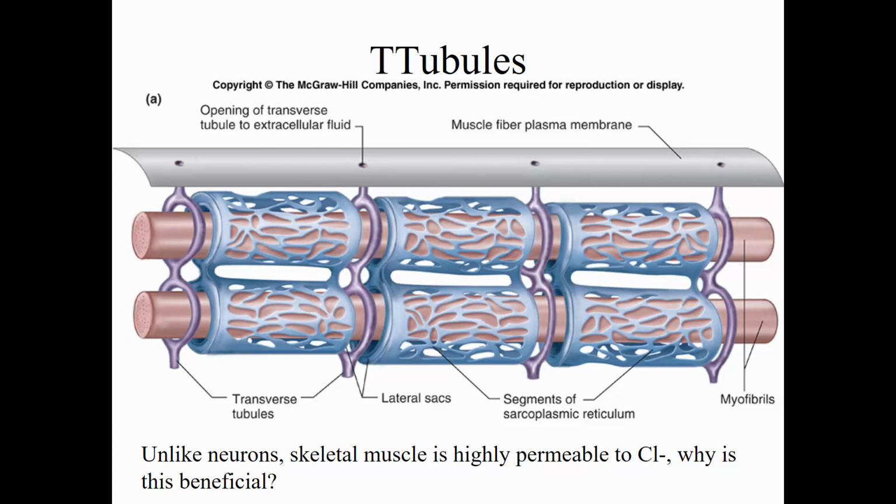Chloride, remember, is a stabilizer. So if potassium builds up in the T-tubules and the cell gets kind of depolarized, well, chloride can enter the cell, return the cell to its more negative resting membrane potential, and electrically stabilize skeletal muscle.